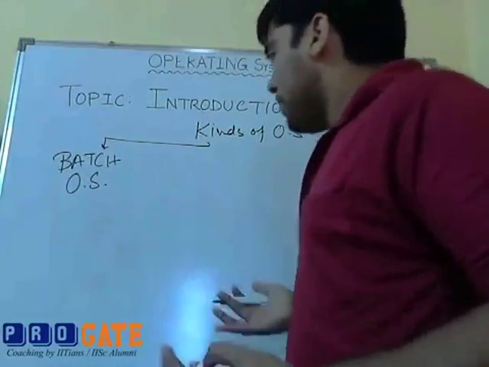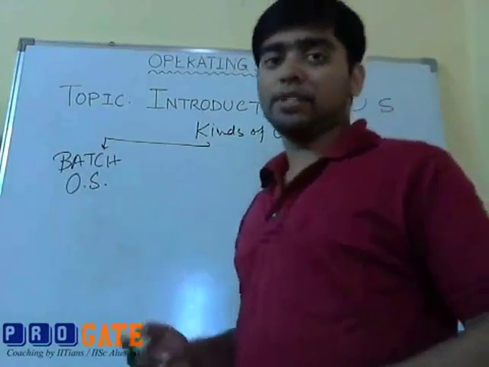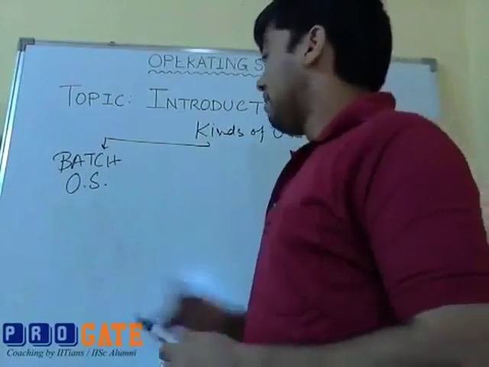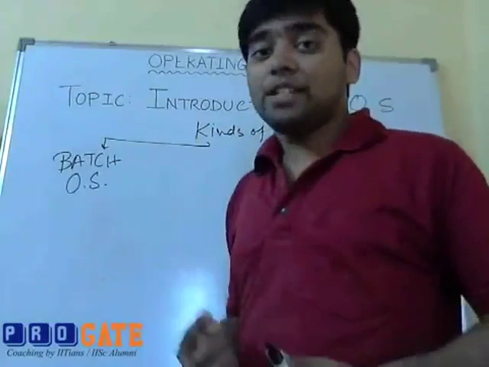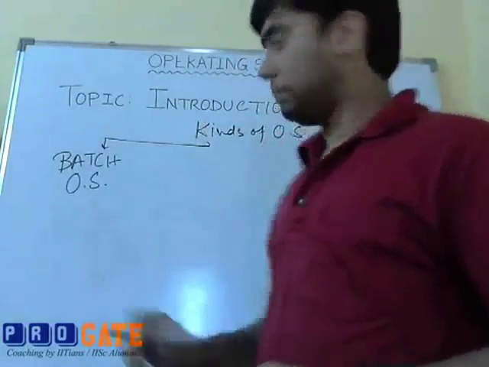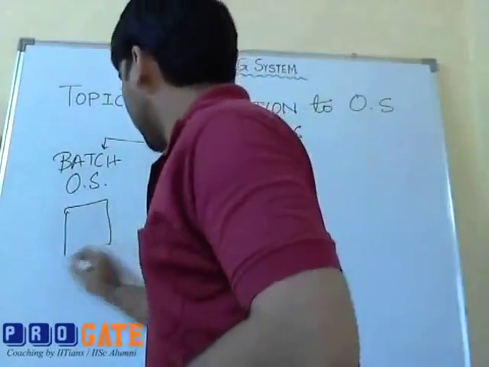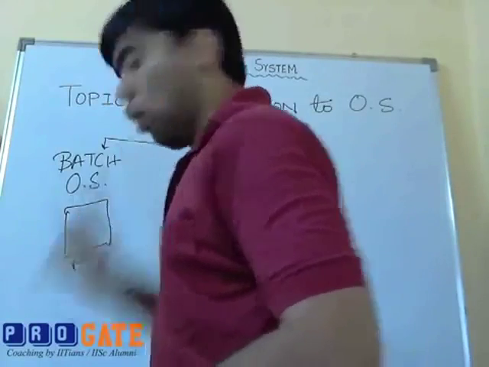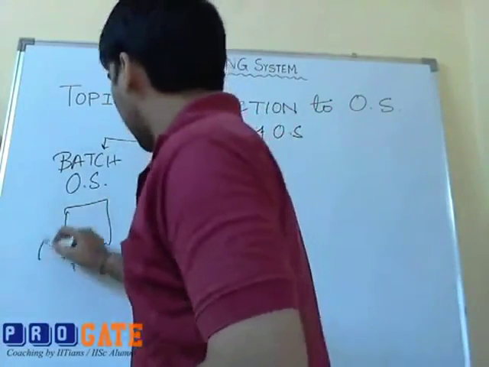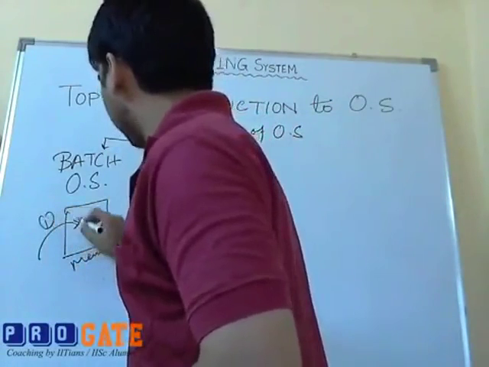Now the feature about a batch operating system is that a batch operating system can at one time execute only one program. That is, if this is the memory of the machine, the operating system would load only one process at one time.